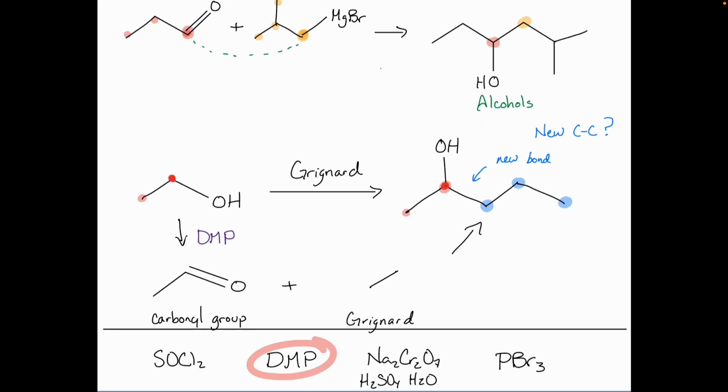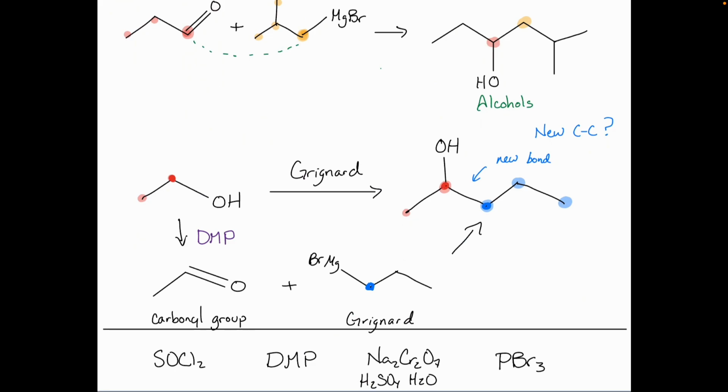So I'm going to have 3 carbons here, and then I'll put my MgBr, because we need to attach this carbon to my carbonyl carbon. Right, so actually both of these reactions create new carbon-carbon bonds. So we can take a smaller alcohol and convert it into a larger alcohol using these Grignard reactions.